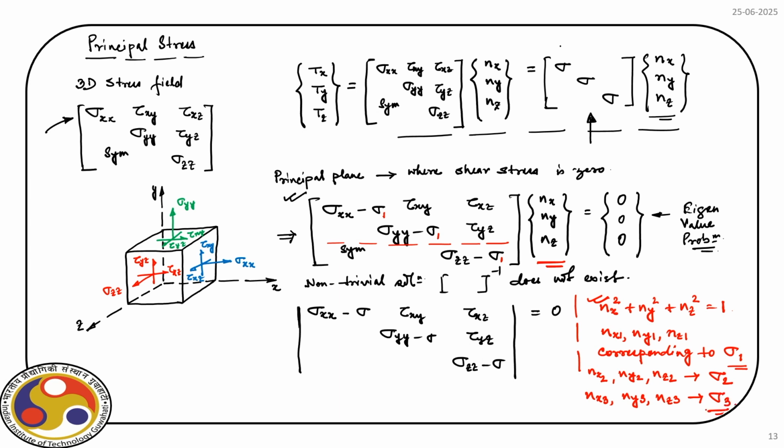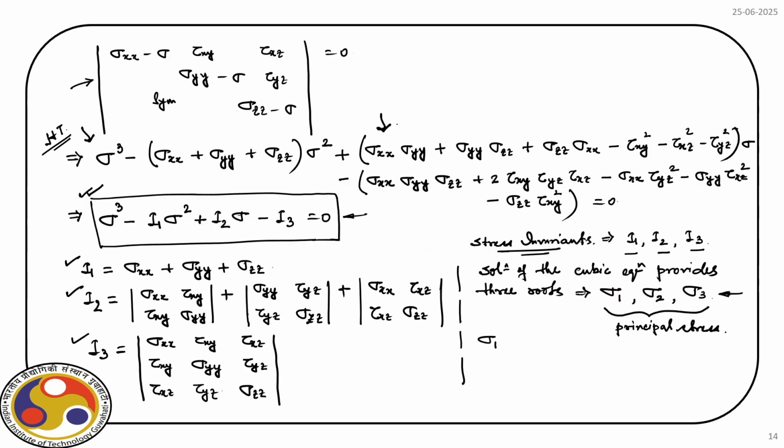So, what we get is the principal stress along with its direction cosines, because we have to identify the plane over which this normal stress acts, and on that plane there will be no shear stress. Okay. So, that gives us the 3 principal stresses sigma 1, sigma 2, sigma 3.